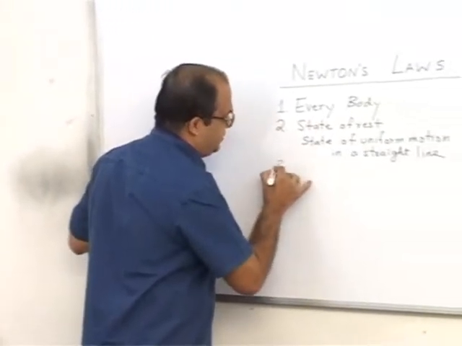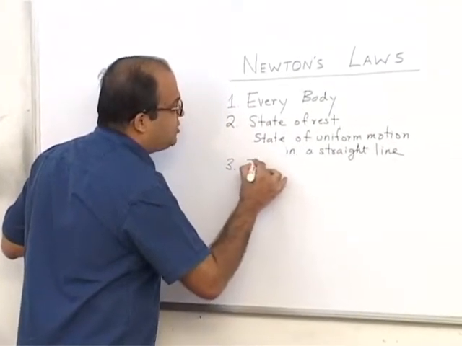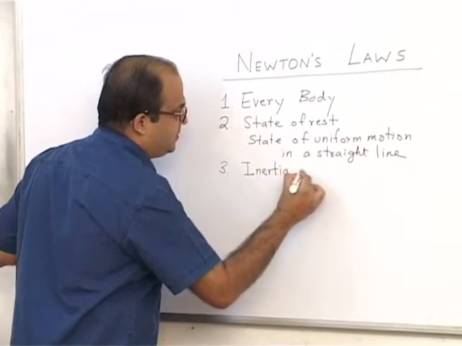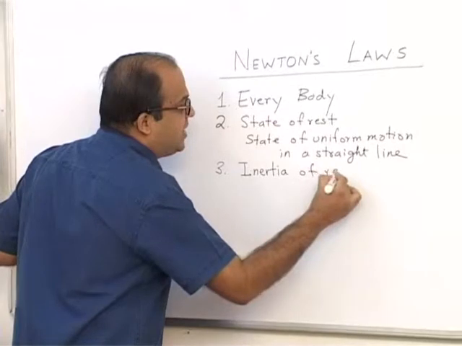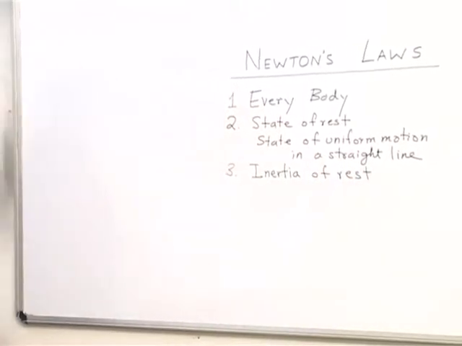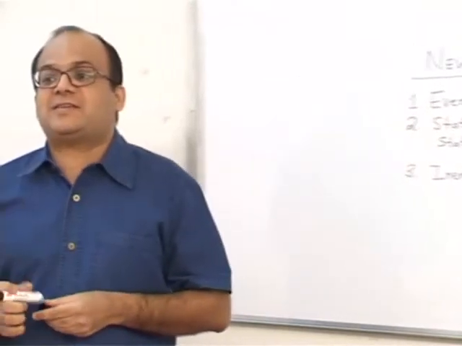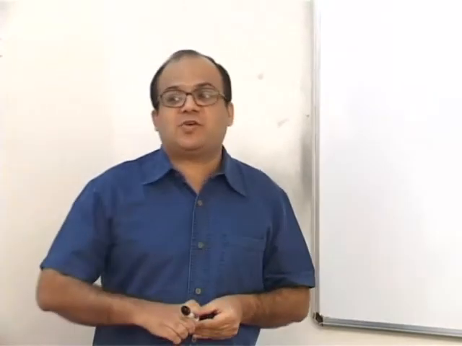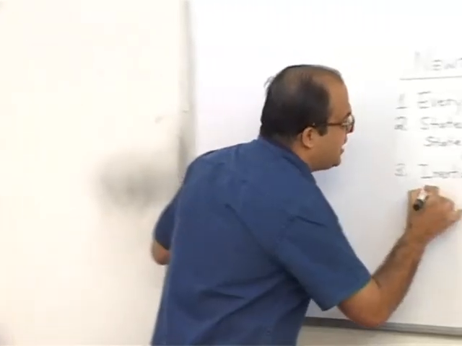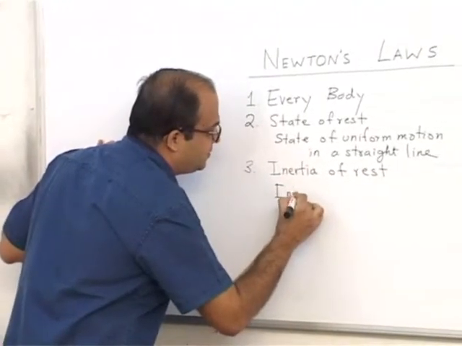Third point, inertia of rest. The tendency of a body to remain at rest unless acted upon by an external unbalanced force is called inertia of rest. Inertia of motion.